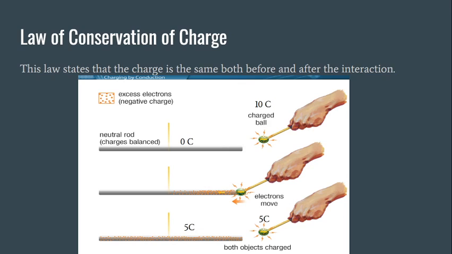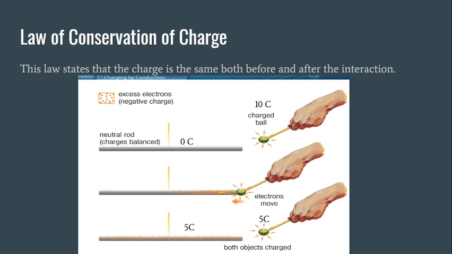Well, when the rod and the ball make contact, what happens here is that now the charge is split between the two of them. And so now the rod has 5 coulombs and the ball has 5 coulombs. But in this case, we can see that the charge was the same before and after.